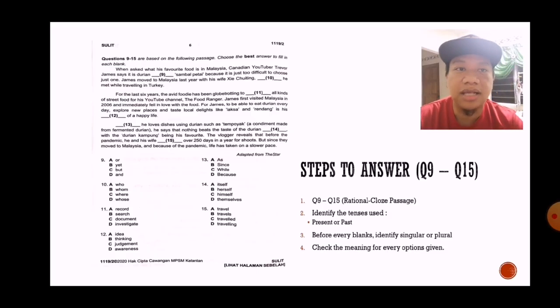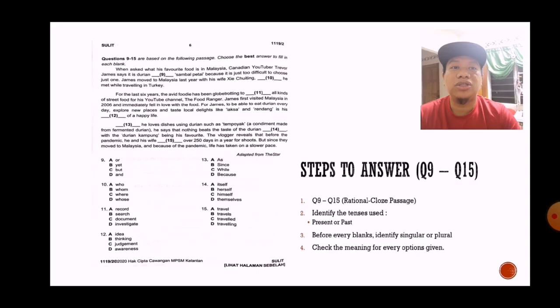So A, B, C, D, which one refers to the person? Of course it's A. The most obvious one is A. Who he met while traveling in Turkey. By the way, A is the answer for number 10.